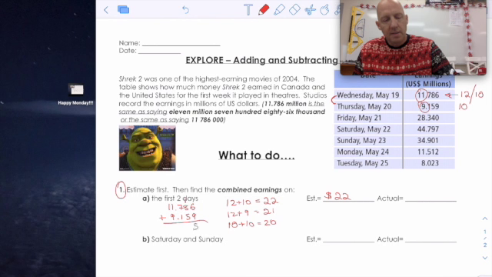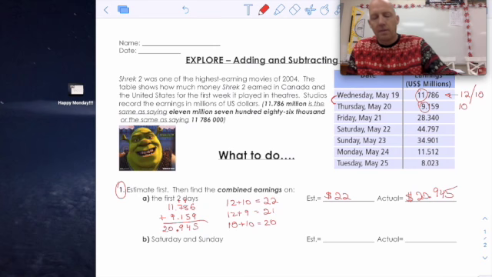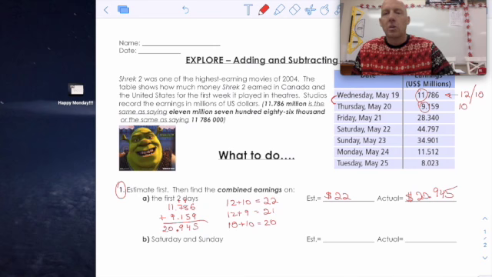Okay, 8 plus 1 is 9, plus 5 is 14. 7 plus 1 is 8, plus 1 is 9. Decimal goes down. And 11 plus 9 is 20. So our actual number is 20.945 million.